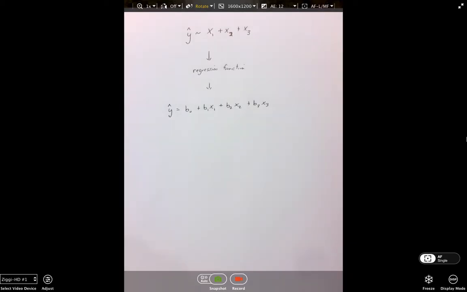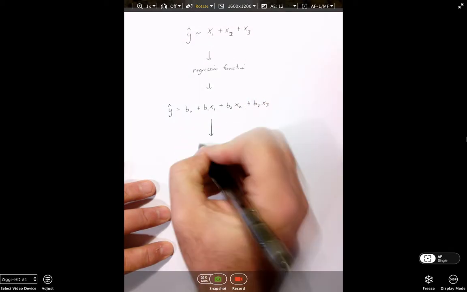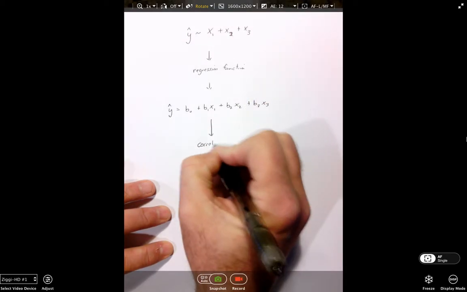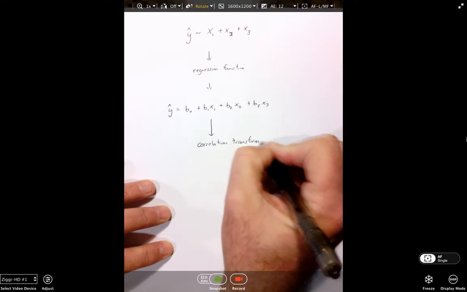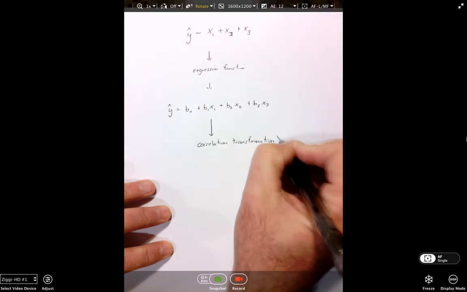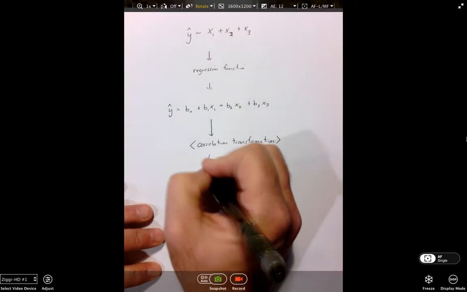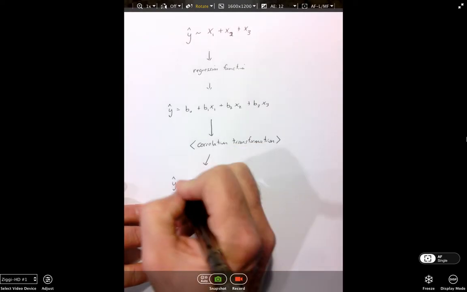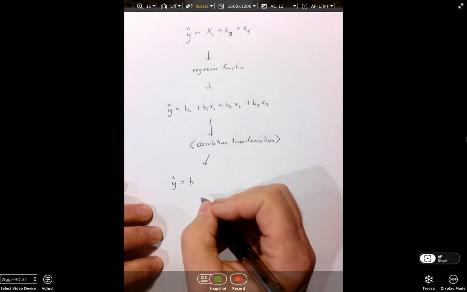Because our focus in multicollinearity needs to be on the standardized regression coefficients, we need to enter in the correlation transformation, which gives us a non-intercept model.